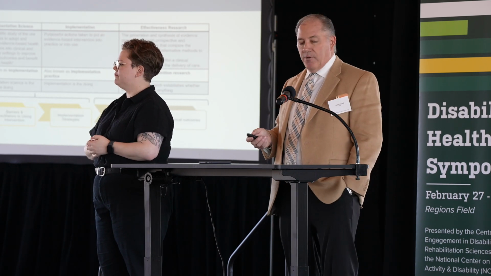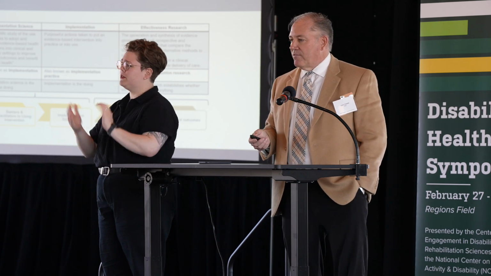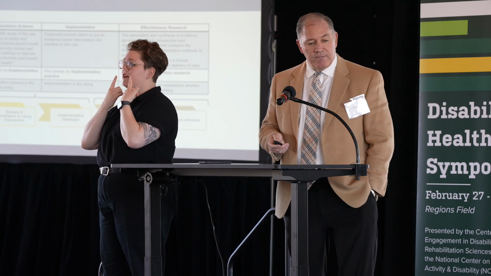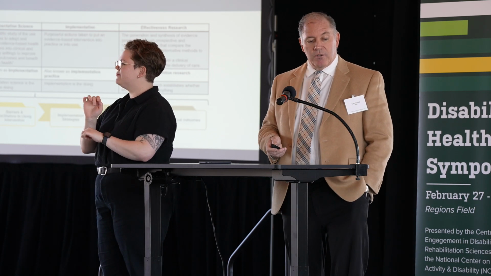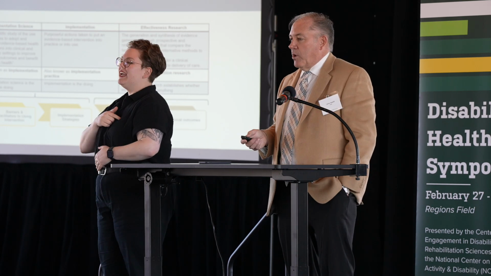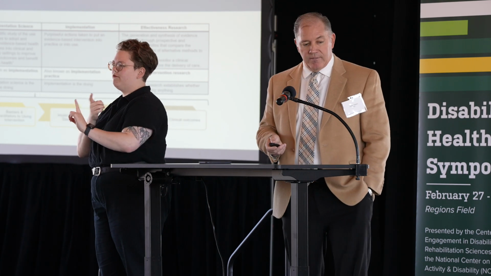This is also known as intervention research. Some of you may know it as comparative effectiveness research. This is what we use to determine whether we should be doing something different from a caregiving perspective.